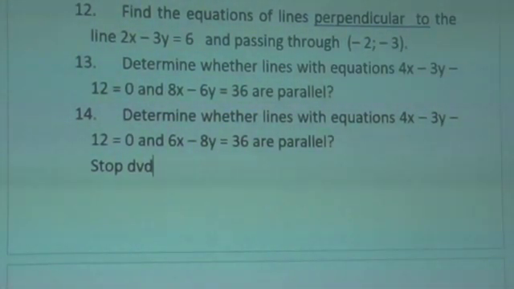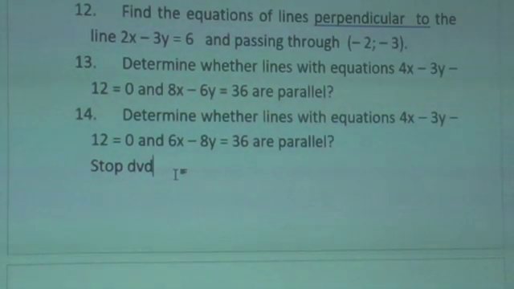Now, number 14 is a similar kind of question. We've got to determine whether the two lines are parallel. So, in number 14, we are given 4x minus 3y minus 12 is equal to 0.